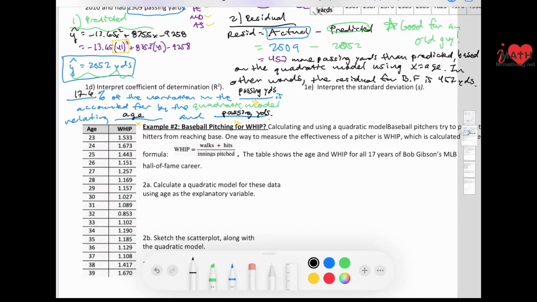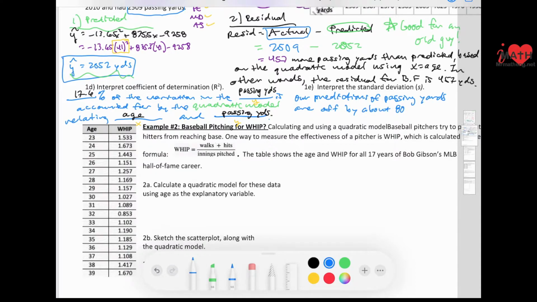I won't ask you to interpret it, but basically our predictions of passing yards are typically off by about 802 yards.